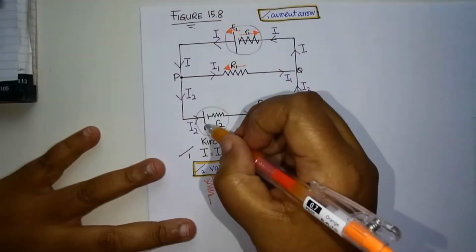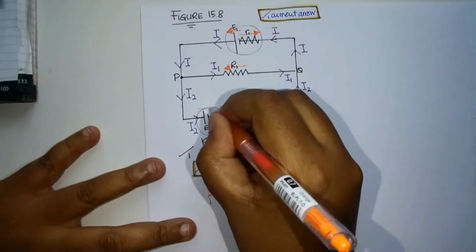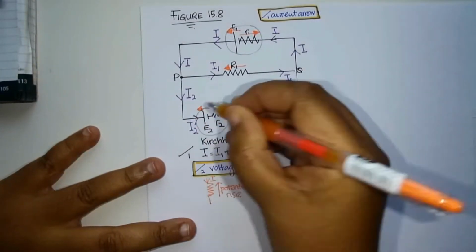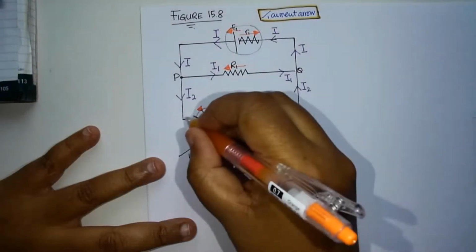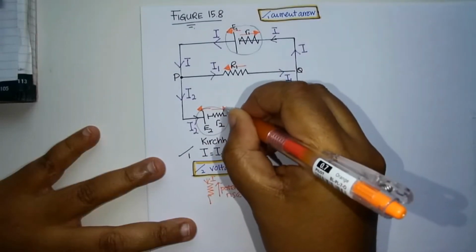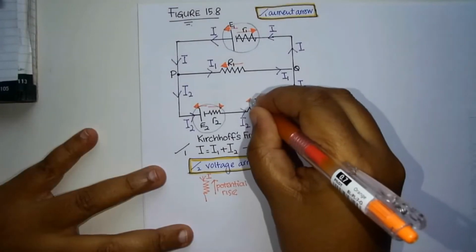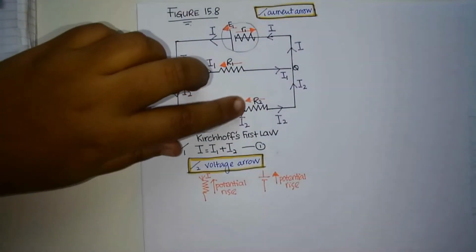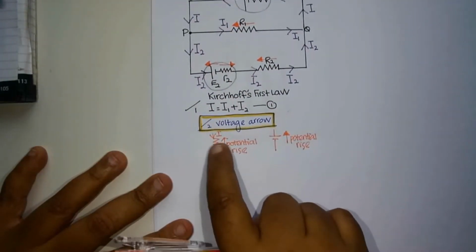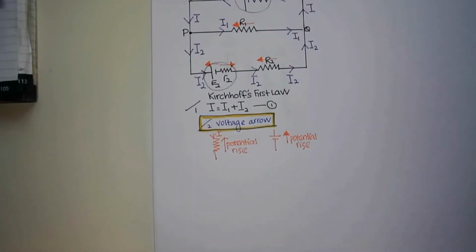So for E2 here, the direction of potential rise will be in this direction. And then this one, the current is flowing here, so the direction of potential rise will be in this direction. And same goes here. Opposite to the direction of current.